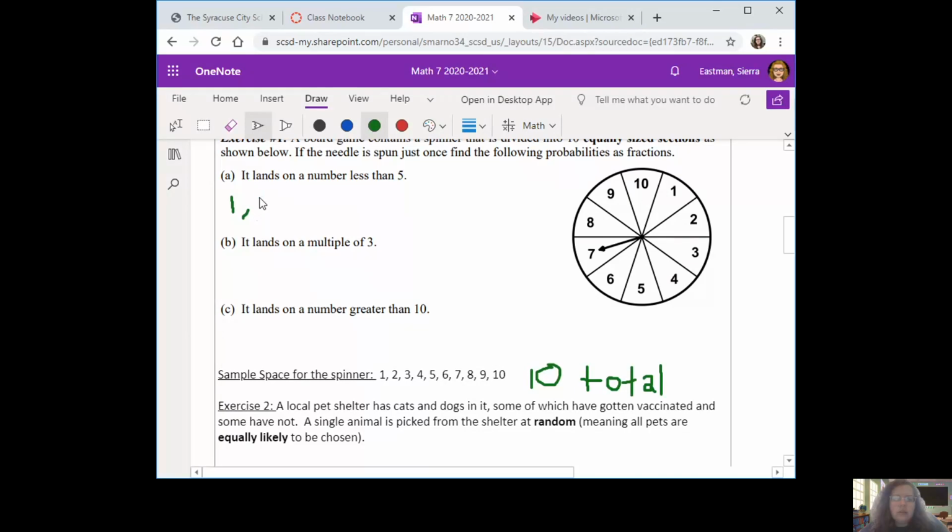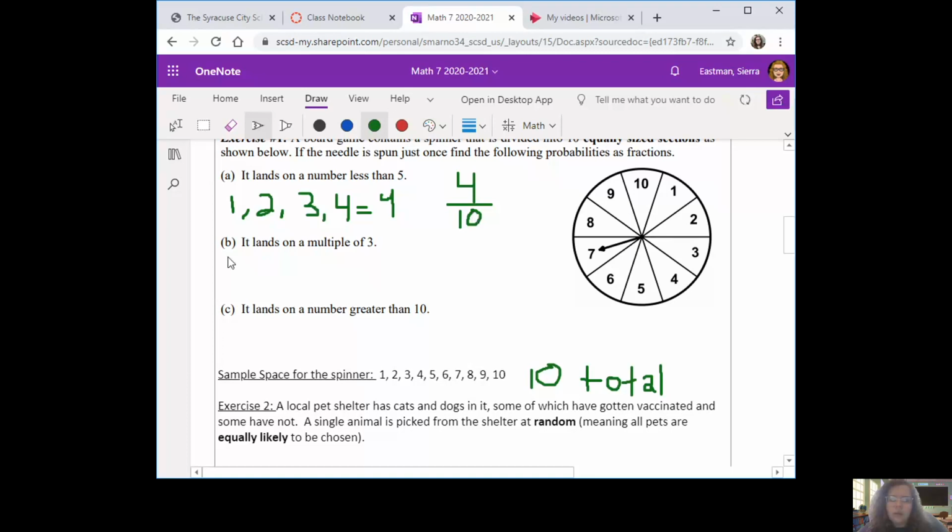I can list all of those if I would like. I don't really have to, but those are all of the outcomes that are in the actual event, which means there are 4 total outcomes. And now our probability is those 4 outcomes from the event over the 10 total outcomes from the sample space.